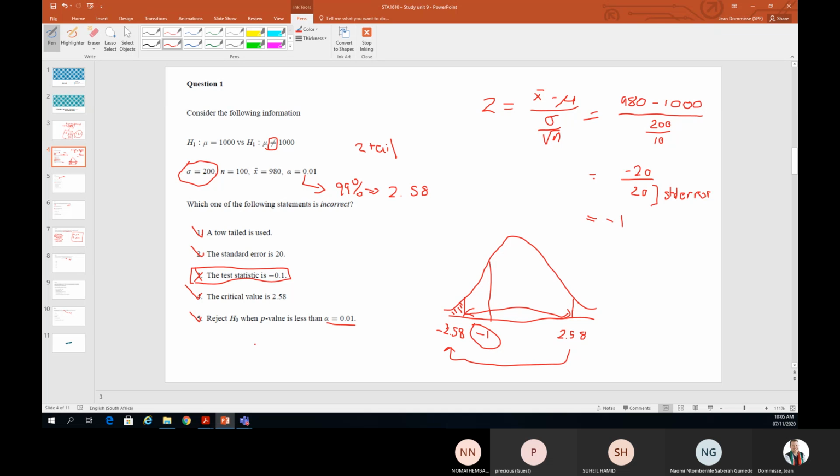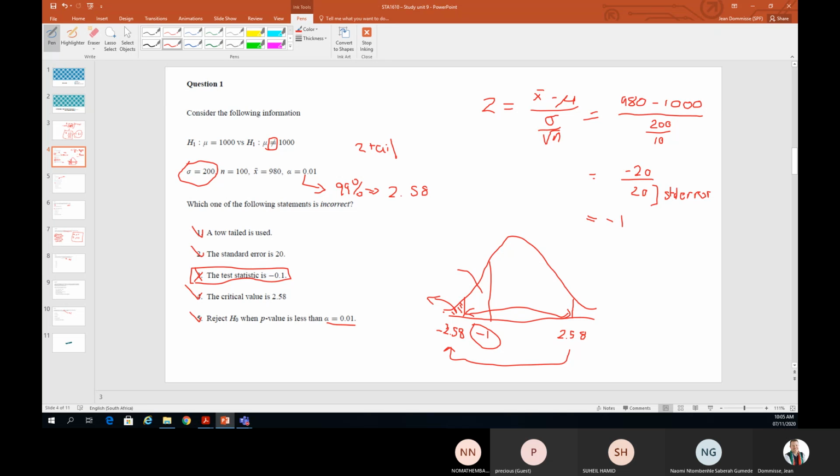So remember, the p-value that we would have calculated with a -1, I need to go to the table, but that value at the moment here is bigger. That's why we do not reject.